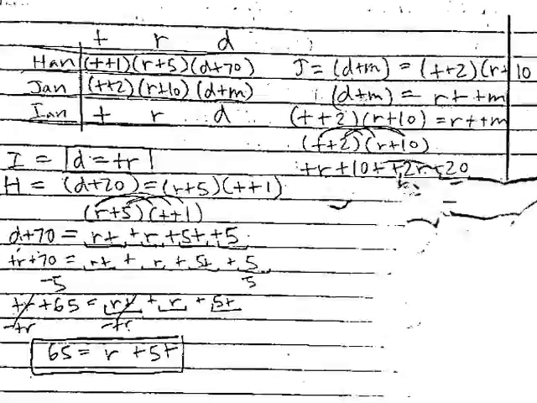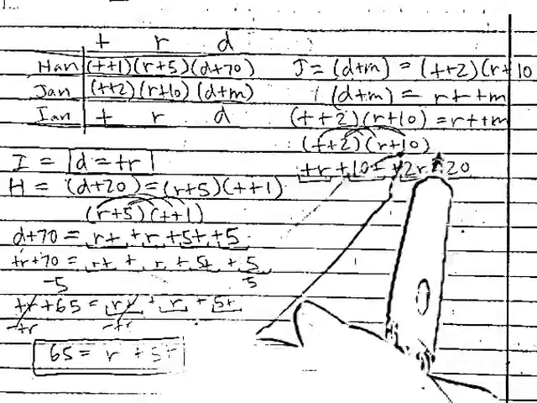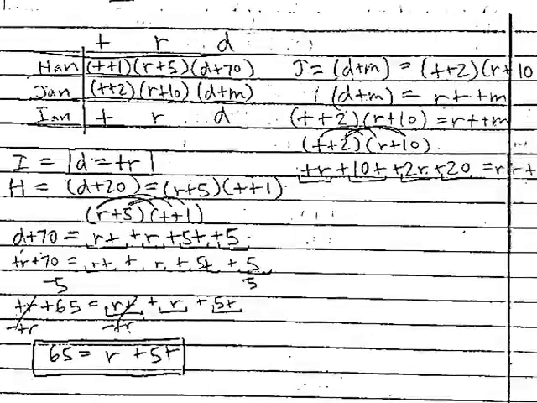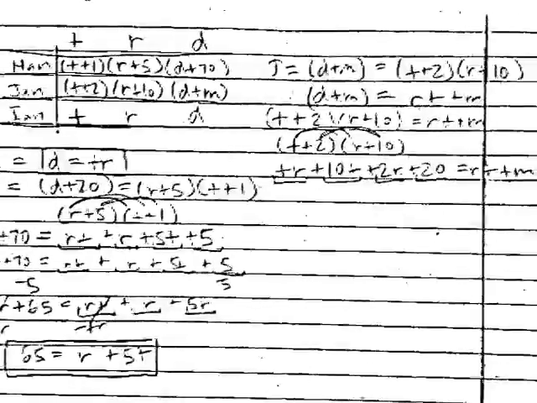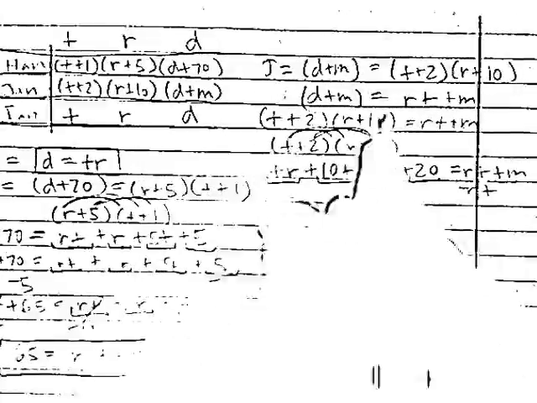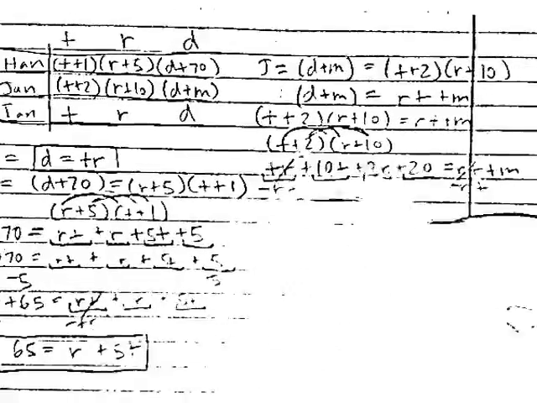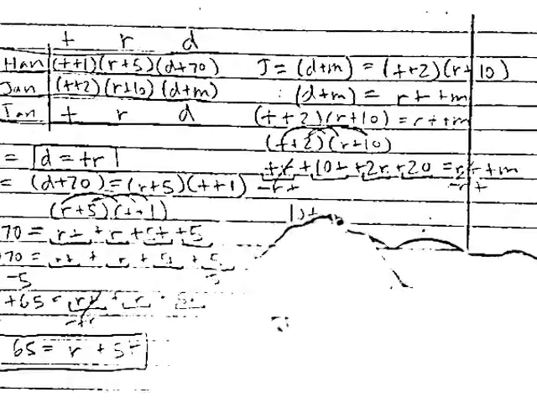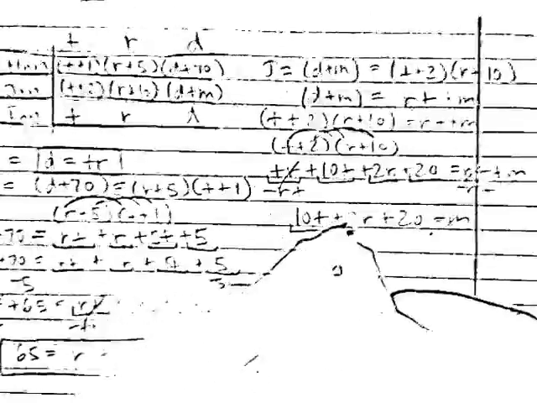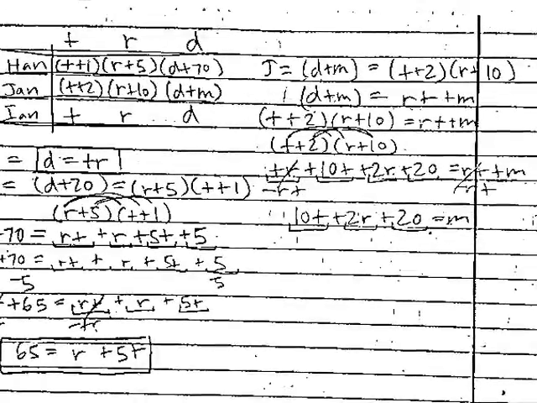And this equals RT plus M. Then if I subtract RT, or TR, they're the same thing, these cancel out, and then it'd be 10T plus 2R plus 20 equals M.